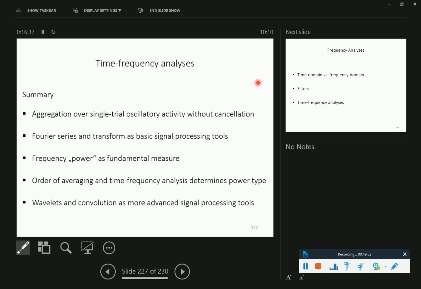And one can go beyond frequency analysis using Fourier analysis by using wavelets, where you actually tailor the time window to the frequency that you're interested in. Because, of course, if you have a very short time window, then looking at low frequency power is tricky, because low frequencies are defined by the fact that they extend over longer time periods.